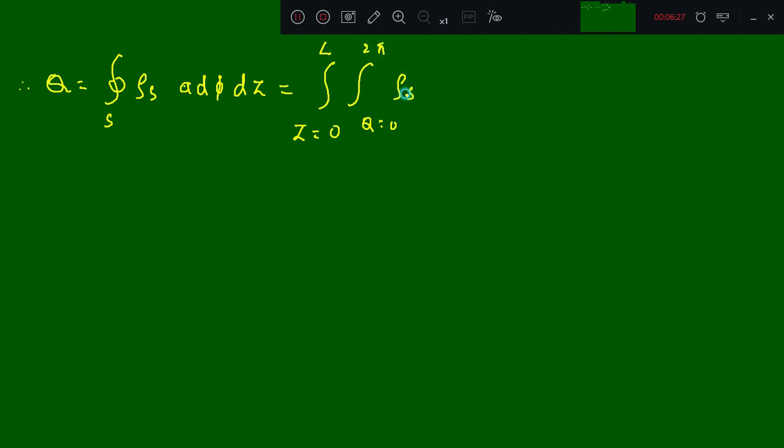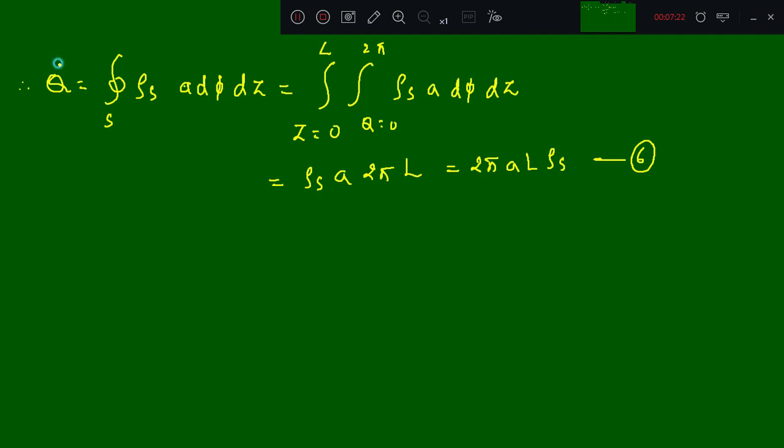Rho s and A are constants. Integrating d phi from 0 to 2 pi gives 2 pi, and integrating dz gives L. So this is 2 pi A L into rho s. This is equation number 6.